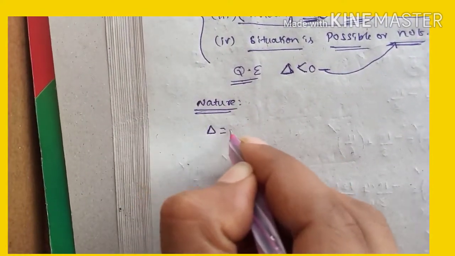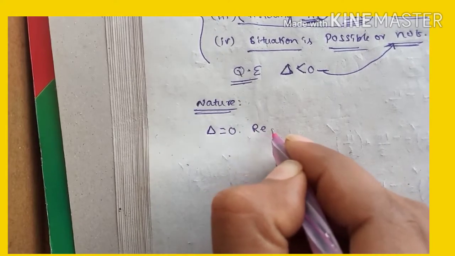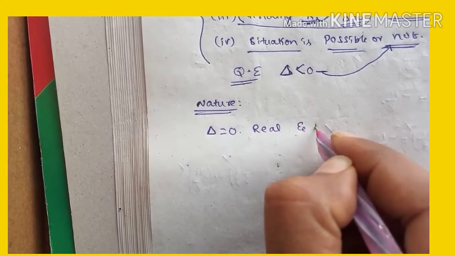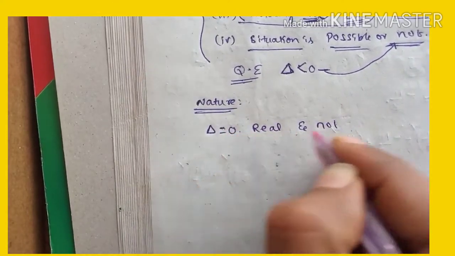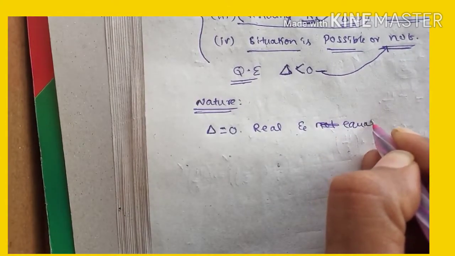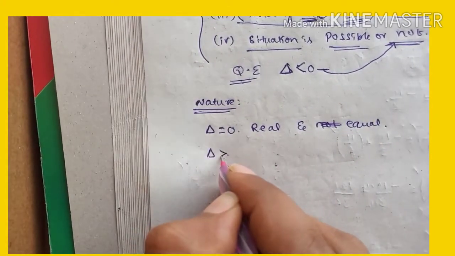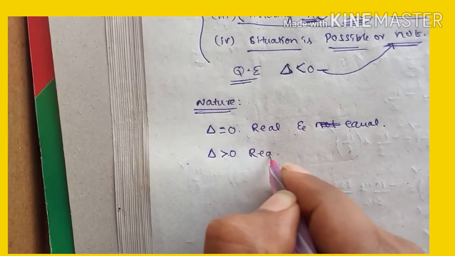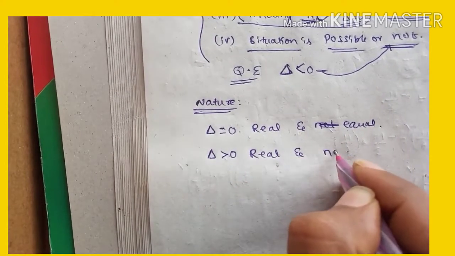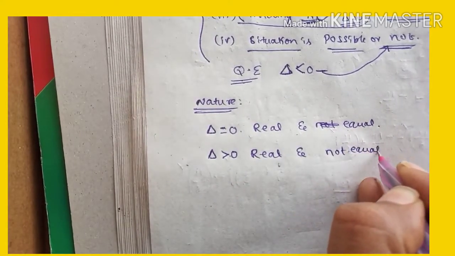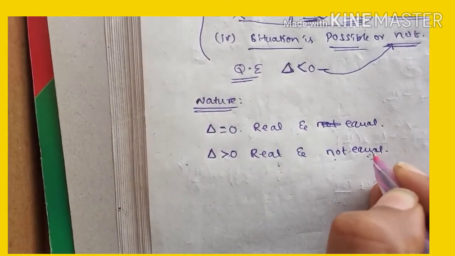Delta value equal to 0, then roots are real and they will be equal. Delta is greater than 0, then also roots are real and they will be not equal, unequal or distinct.